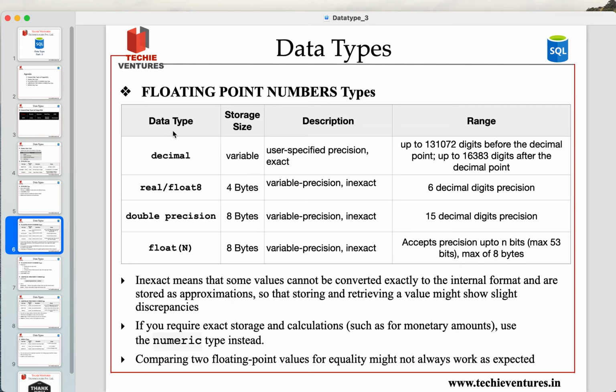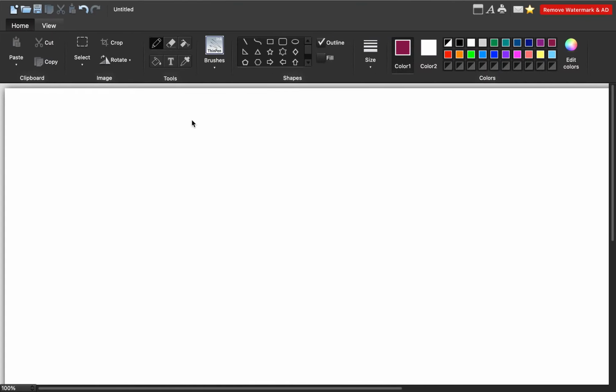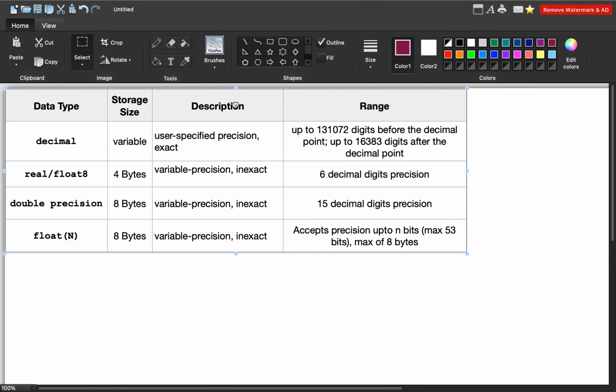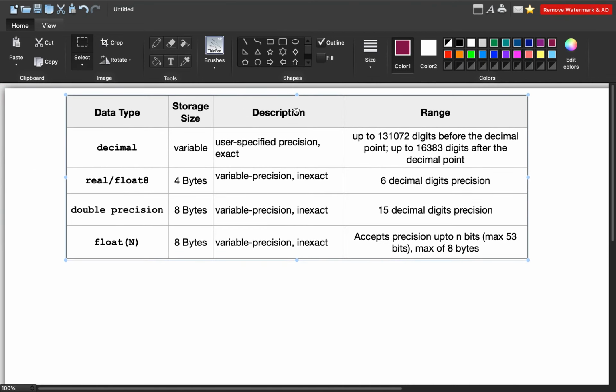So in floating point numbers, there are mainly four data types: decimal, real, also called float, double precision, and float n. So let me explain what these data types are all about. For the decimal data type, the storage size is variable.